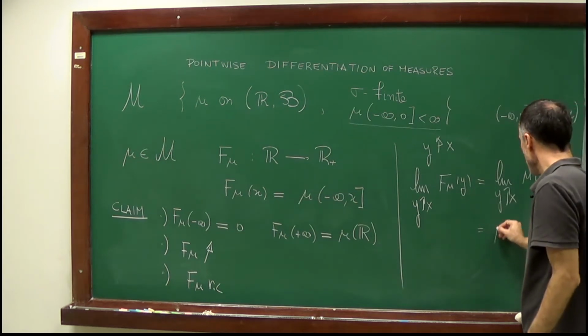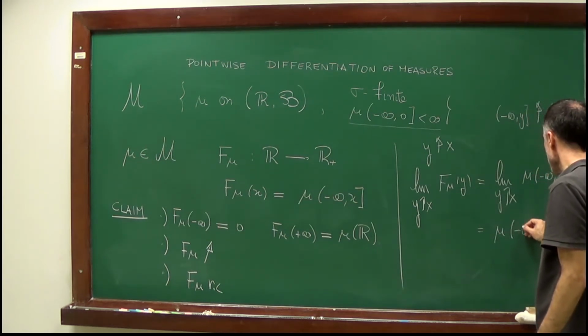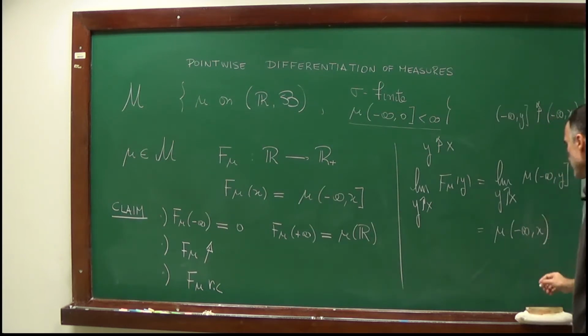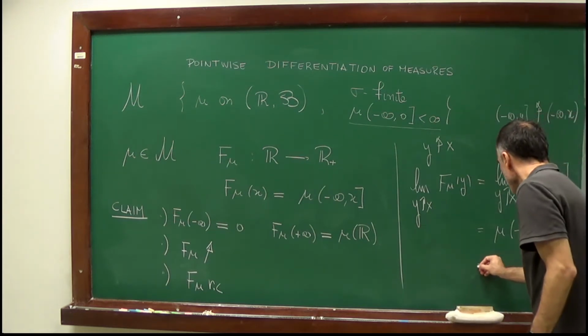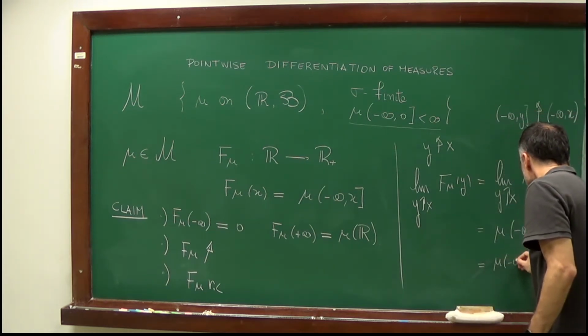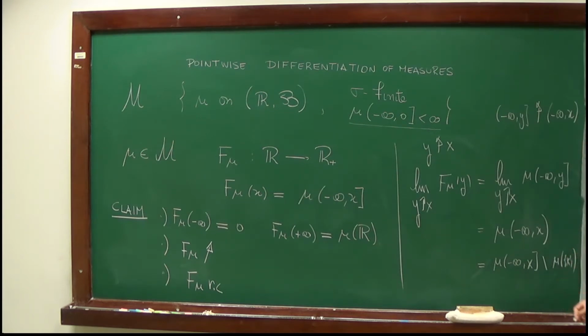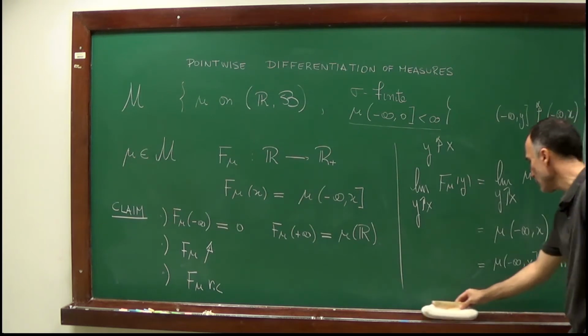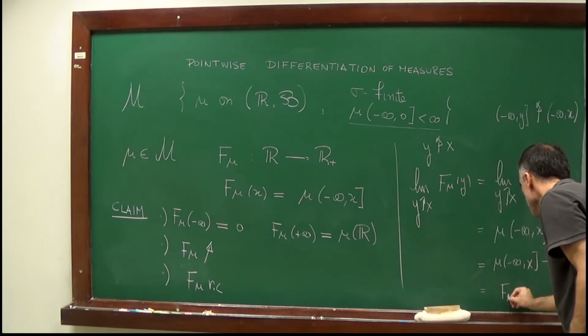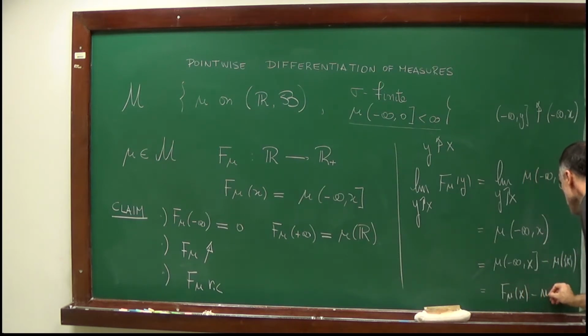So this is not f_mu of x, but it's mu of minus infinity to x minus mu of x. I can write this interval as the closed interval minus the point, and therefore this is f_mu of x minus mu of x.